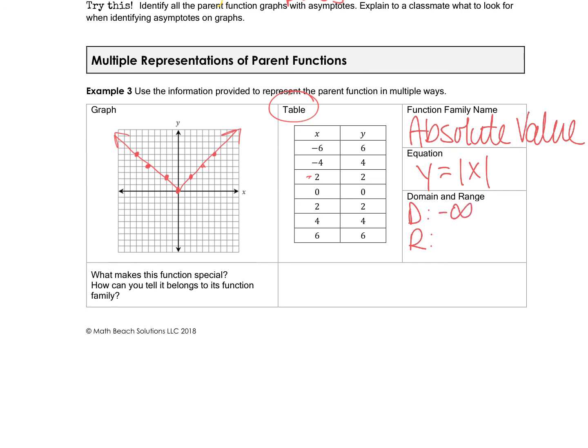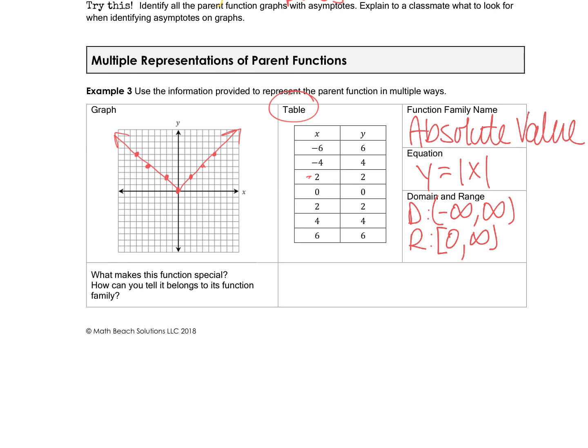So it'd be -infinity to infinity, or all real numbers if you want to write it like that. And then the range, if you notice, it starts at 0, and it keeps going to infinity. So it does include 0, and then we need a parenthesis. Or you could write y is greater than or equal to 0.